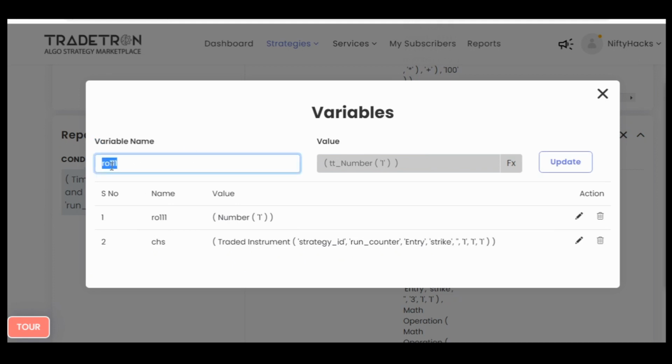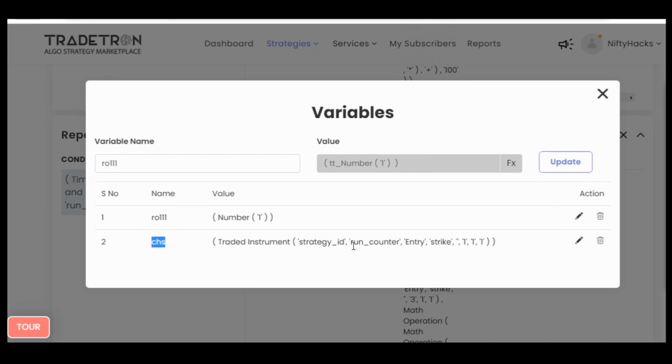You can give any number or any name you want, but you need to keep in mind that this is case sensitive. So if you are using small letters of RO or any name you want, use the same letters, whether capital or small, everywhere, in every box of runtime. Otherwise the runtime won't work.